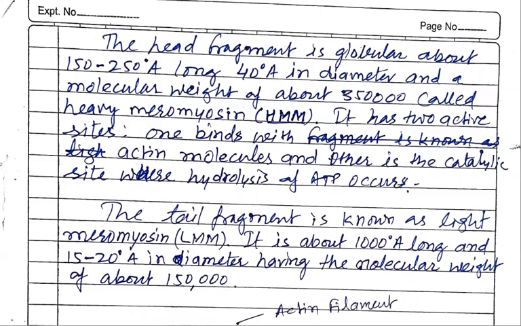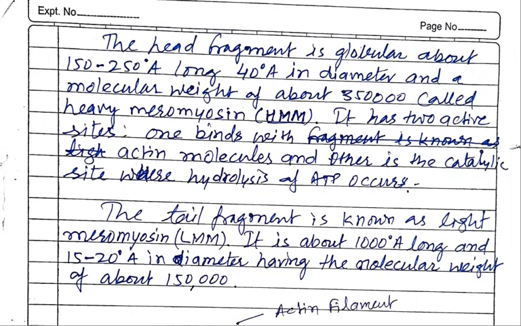It has two active sites. One binds with the actin molecule and the other is the catalytic site where hydrolysis of ATP occurs. The head fragment is the main part of the myosin. We call it HMM, heavy meromyosin.